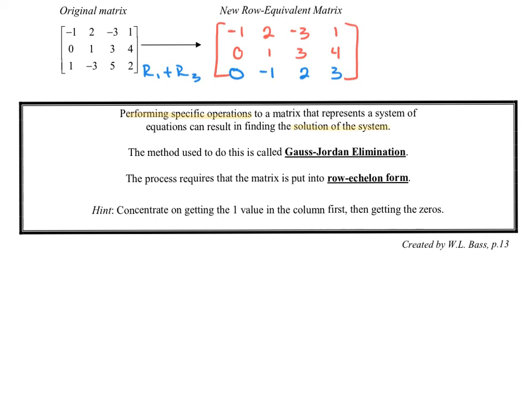Going through these row operations is a process called Gauss-Jordan elimination, and what we're trying to do is get the matrix in what's called row echelon form. In row echelon form, we're going to specifically have ones down this diagonal. These values will all be zeros, and then these values over here will represent the solution to our system of equations.